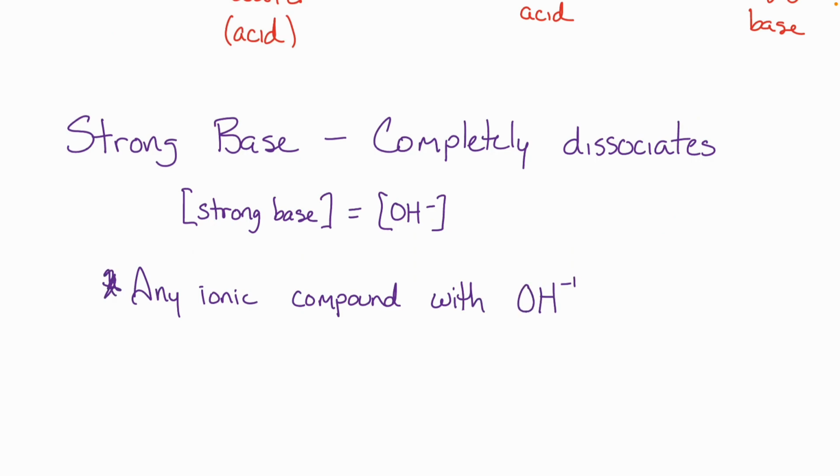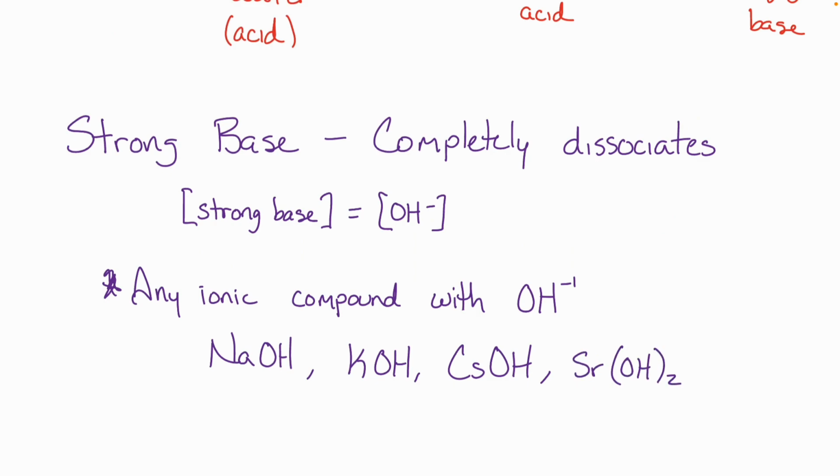All right, and our strong bases are actually a little bit easier to identify than our strong acids, because it's just going to be any ionic compound that has an OH in there. So for example, sodium hydroxide, potassium hydroxide, cesium hydroxide, strontium hydroxide, right?